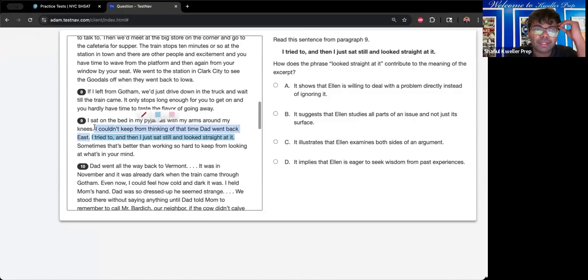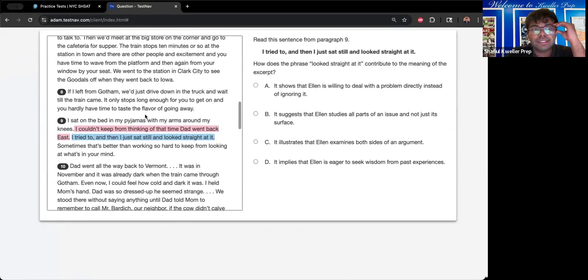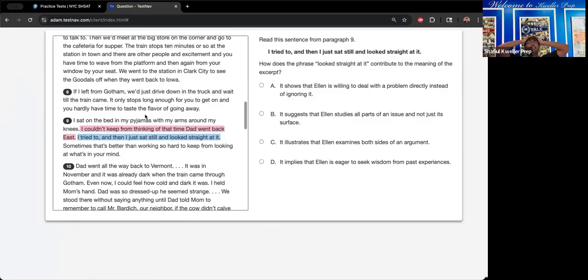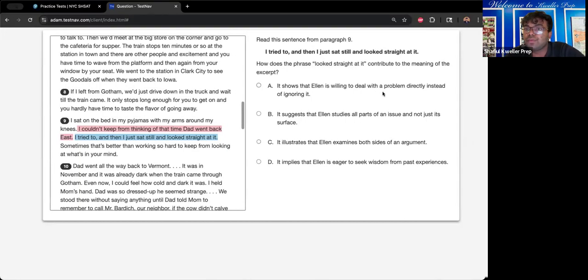Here she was talking about how she couldn't keep from thinking of that time Dad went back to the East. So it's like she's looking at this situation that she was in, and she tried to not think about it, and then she sat still and looked straight at this situation. A says it shows Ellen is willing to deal with the problem directly instead of ignoring it.